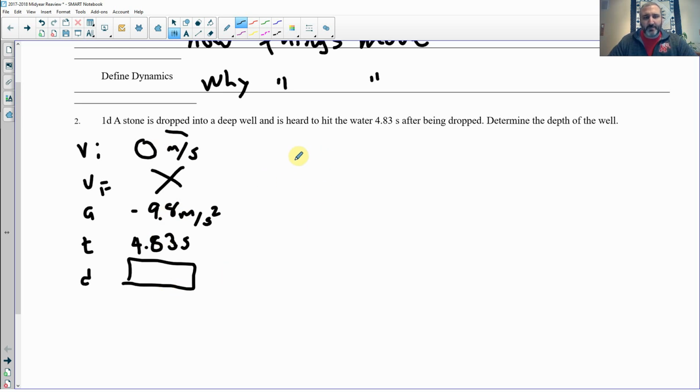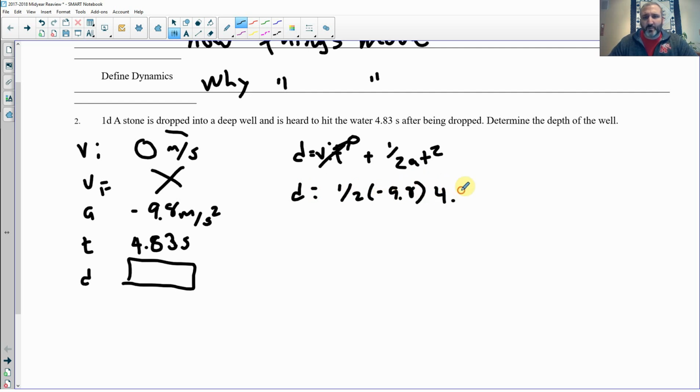So I'm going to say your best bet for an equation is going to be D equals VIT plus 1/2 AT squared. The VI is going to be 0, so that makes VIT equal to 0. So D is going to end up being 1/2 times negative 9.8 times 4.83 squared.